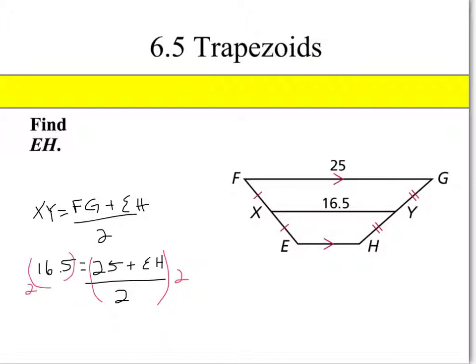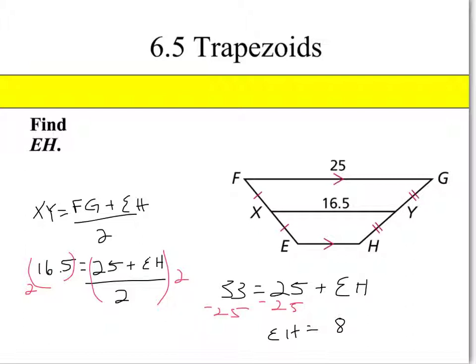And I now have 33 is equal to 25 plus EH. Subtract 25 on each side. And EH is going to equal 8. Okay? You're always going to have one base that's larger than the mid-segment. You're always going to have one base smaller than the mid-segment.